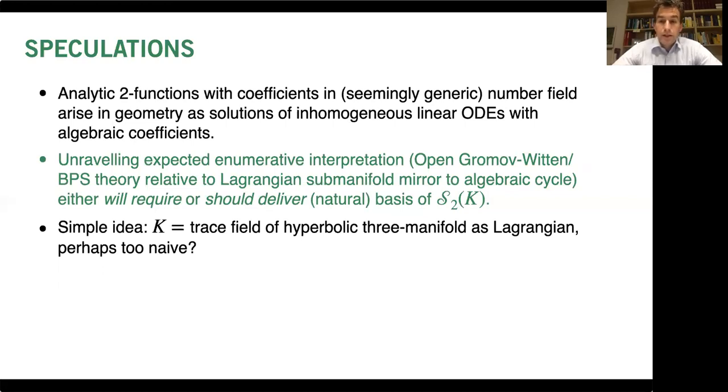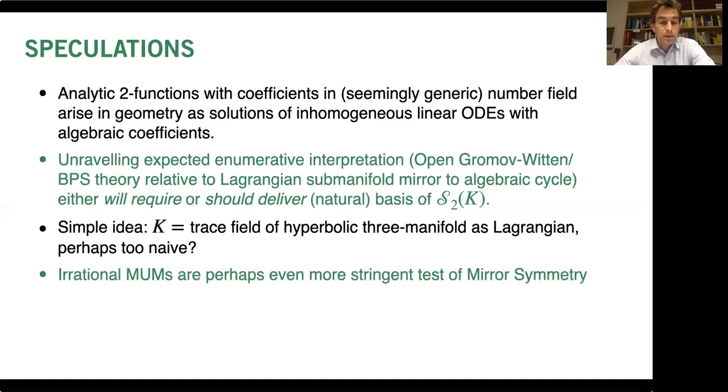One simple speculation is that this K could be a trace field of a hyperbolic three-manifold. These limiting values of the superpotential give you a hint that that's not totally off, but there are other reasons, having to do with these tau functions, that make you think that's perhaps too naive.